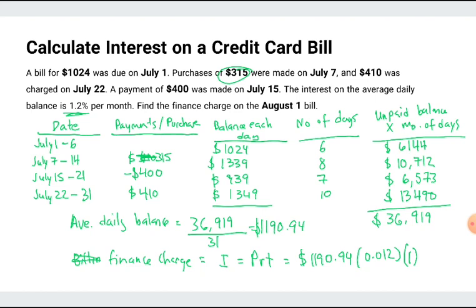So 1,190.94 times 0.012 times 1 is 14.29. That's my finance charge on top of the outstanding balance 1,349.